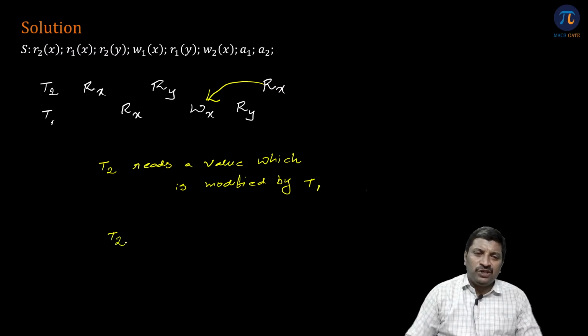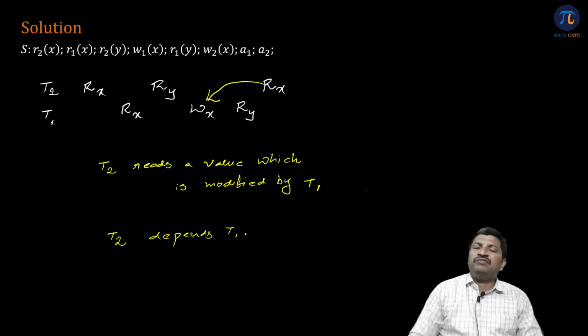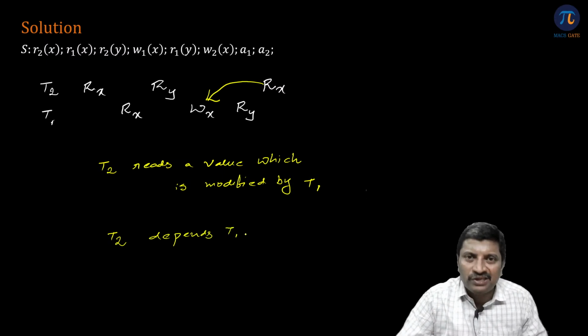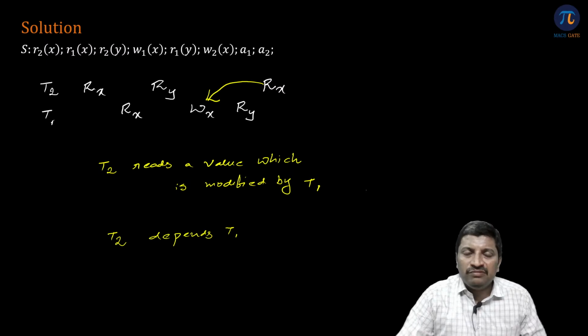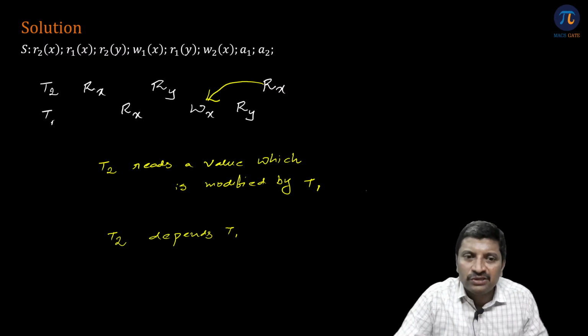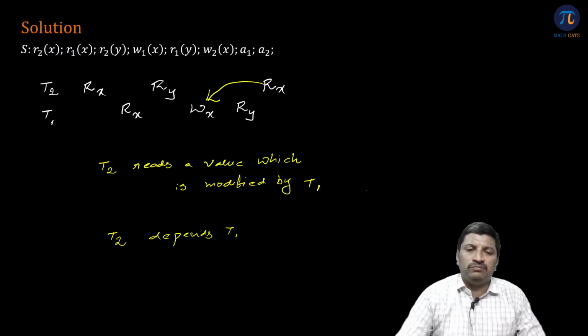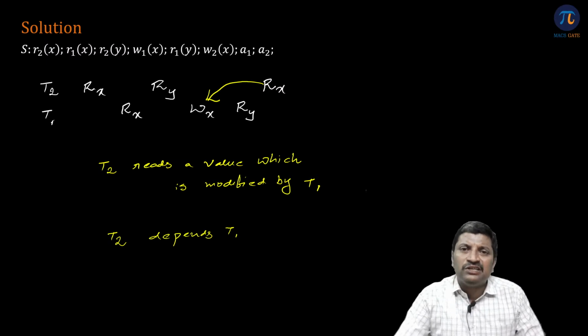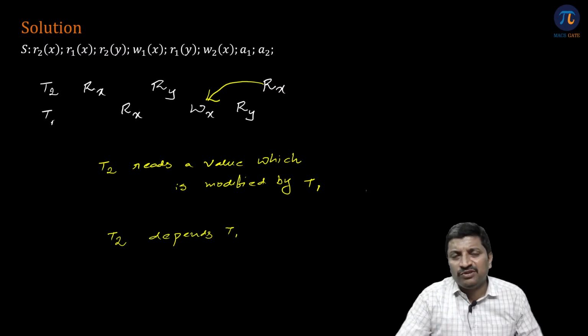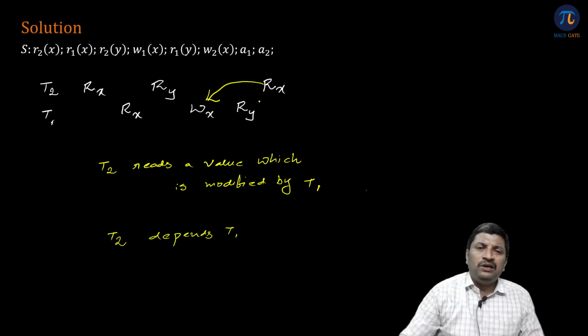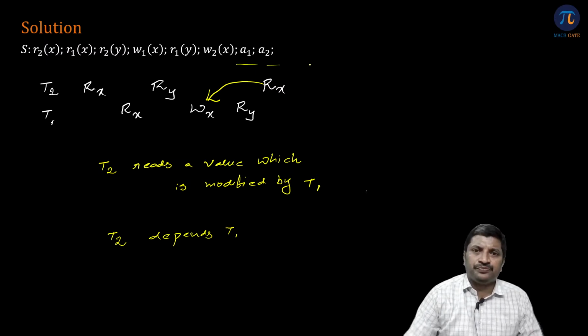That means T2 depends on T1. Then if I should not have cascading rollbacks, that is a minimum thing. If I should not have cascading rollbacks, T2 should wait till T1 commits. That means first T1 should commit, then T2 should commit. Here there is no commit, sir.